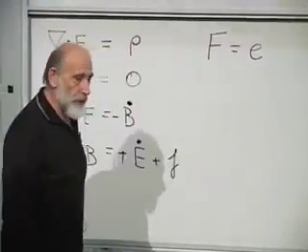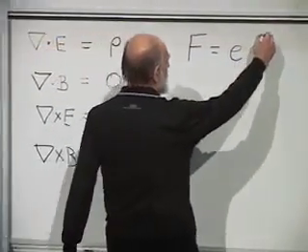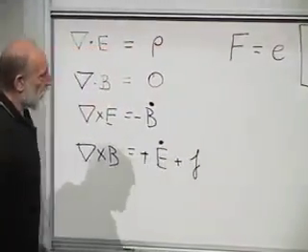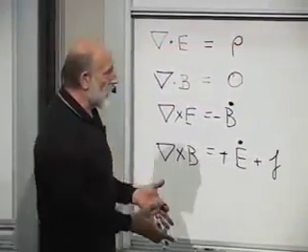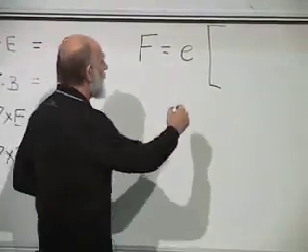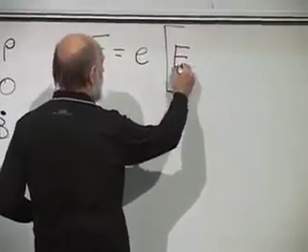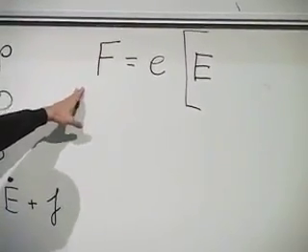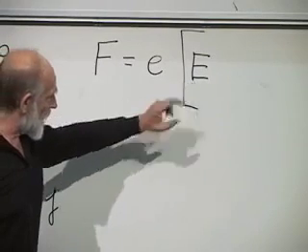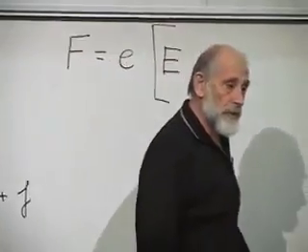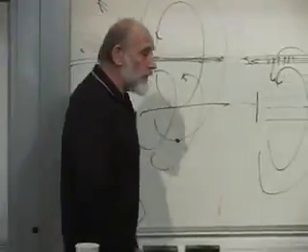The force is proportional to the charge on a particle, and then there are 2 terms. One of them is just the electric field. The force is proportional to the electric field, the factor of proportionality being the electric charge. Incidentally, both sides are vectors in the 3-dimensional sense, force and electric field. Then there's another term which is absent unless the electron or the charge is moving.